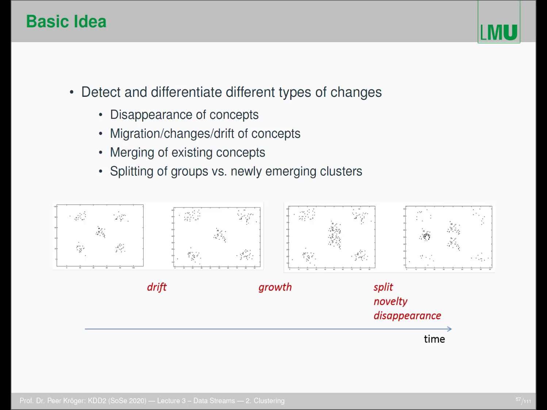Novelty, which is this one here, and a slowly disappearing concept, or several slowly disappearing concepts here, and probably also here. So you see that there's a moving or migration, a drift from the middle to outside of those four clusters, and then these four clusters disappear as time goes by.